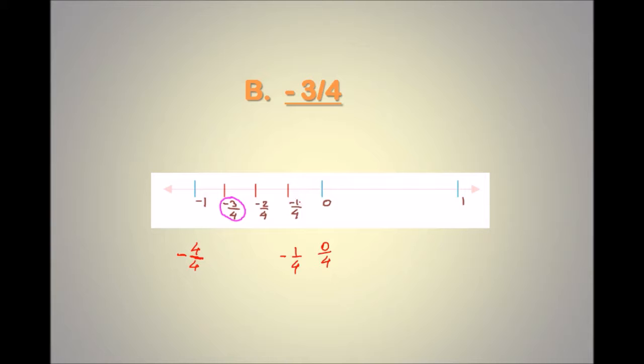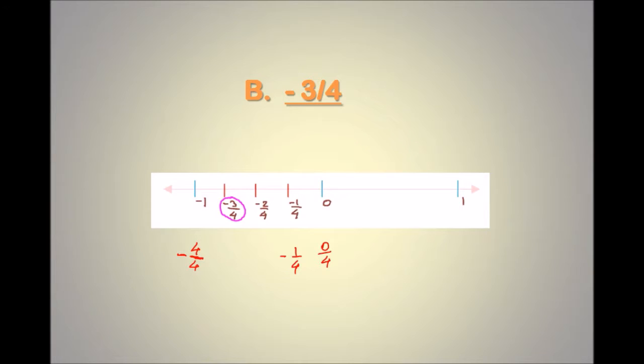This is the first submark, so it is having a 1 in the numerator, this is having a 2, and this is having a 3. And of course, all are negative numbers, so every number is having a minus sign in front. So now we have got our required -3 by 4 on the number line. This is the position of the rational number -3 by 4 on the number line. We have found it.